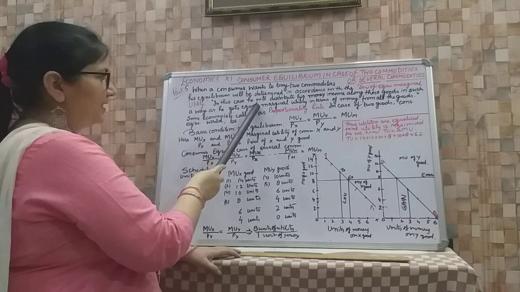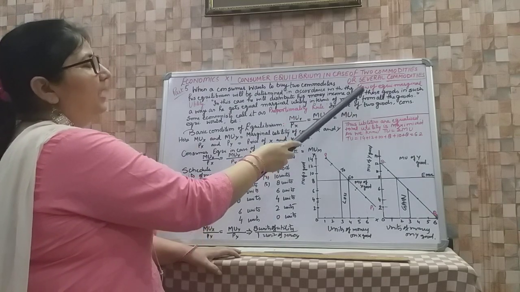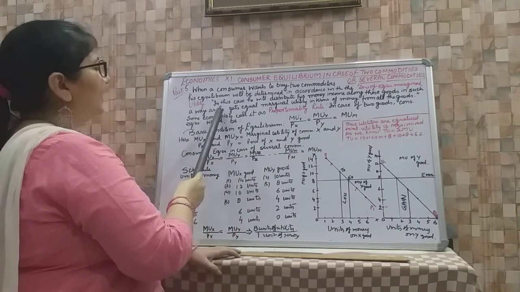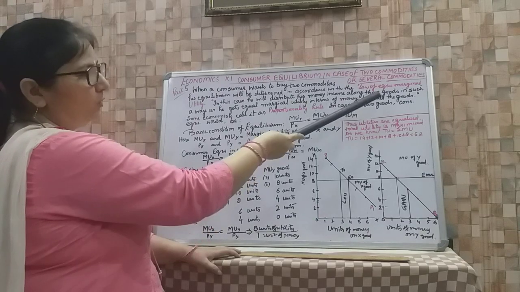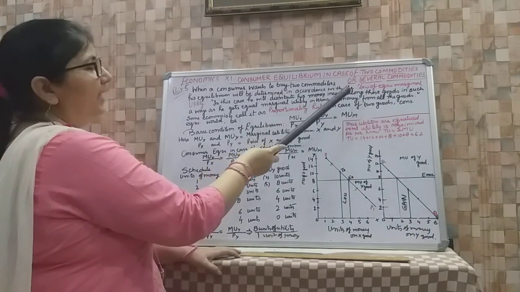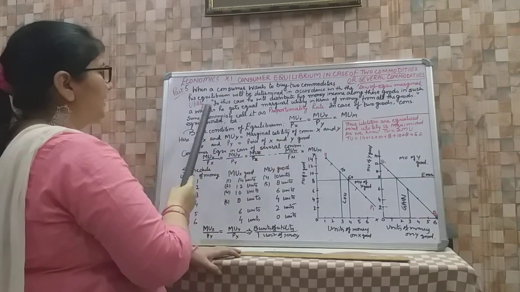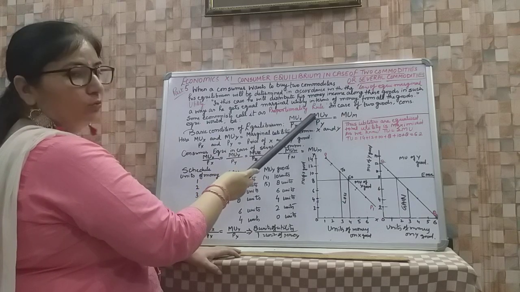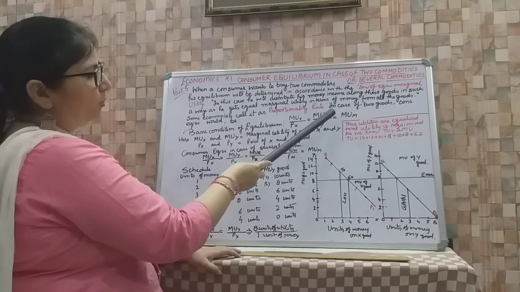In this case, he will distribute his money income along these goods in such a way that he gets equal marginal utility in terms of money from all the goods. Some economists call it the proportionality rule, meaning every unit is having the equal proportion.